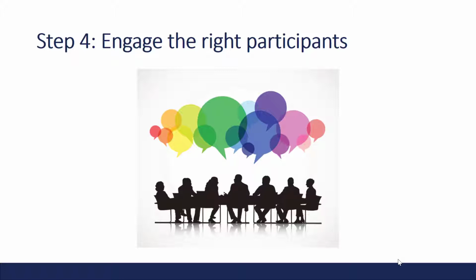You need to engage the right participants at your meeting, right? So everyone that needs to be there should be there, and people who don't need to be there shouldn't be there. I think certainly, maybe, has anyone attended a meeting where you've had a really nice discussion, a brainstorming session, you've come up with an idea that you want to move forward, but a key stakeholder wasn't there and you needed that person's approval or input before moving forward, right?